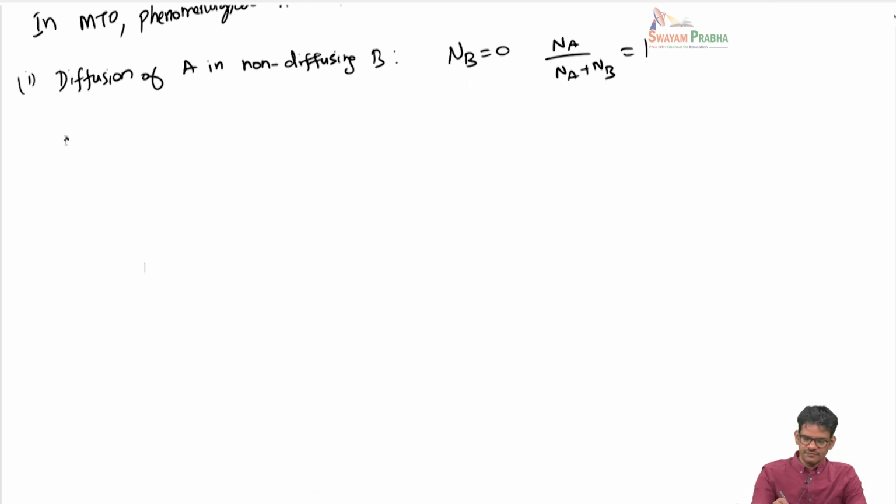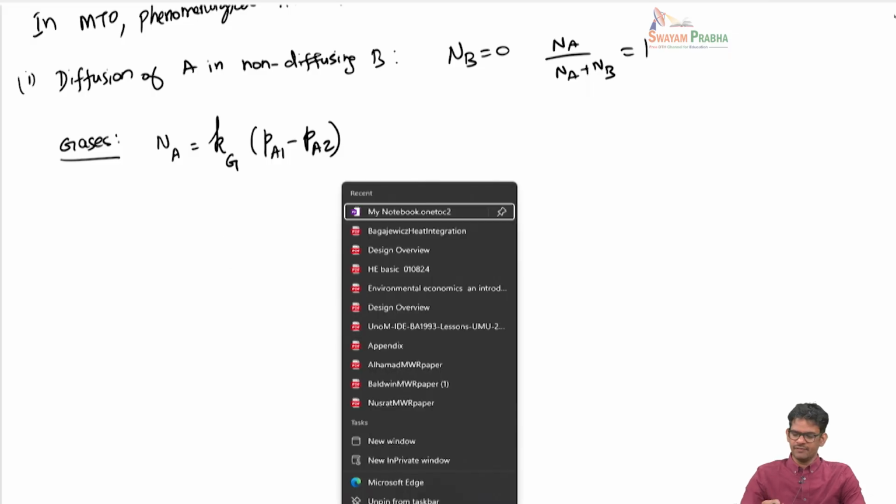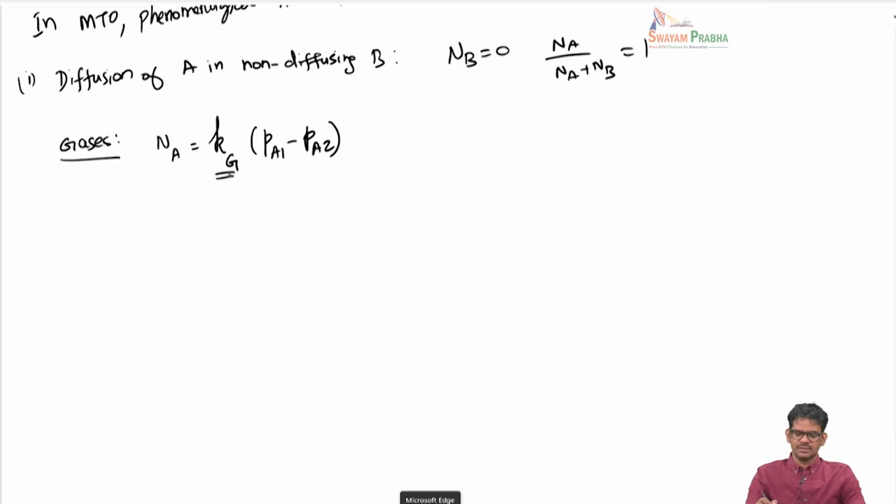Here we will write for gases. Sometimes we write fluxes in terms of partial pressures of species A, and correspondingly we introduce a mass transfer coefficient Kg.